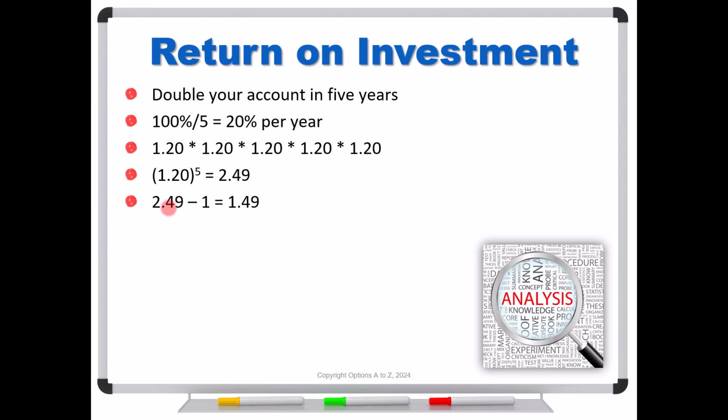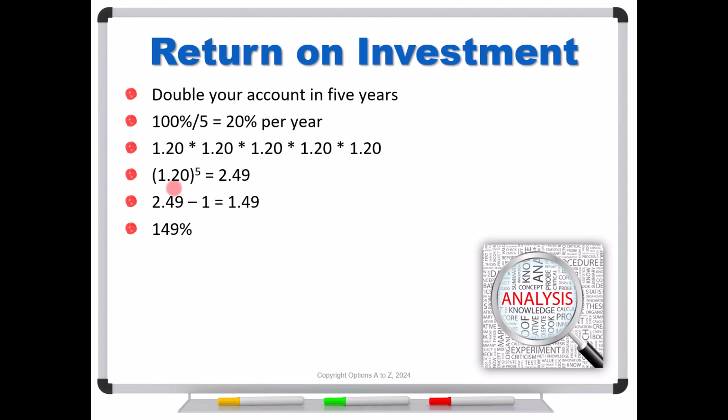So 2.49 minus 1 is 1.49, and that would be 149%. So you can see if your goal is to double it or 100%, you have overshot it by a long ways. You're trying to take enough risk to generate 149% per year.